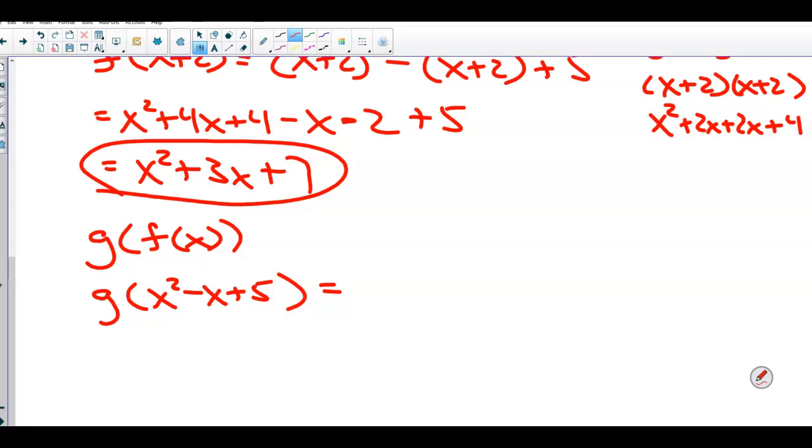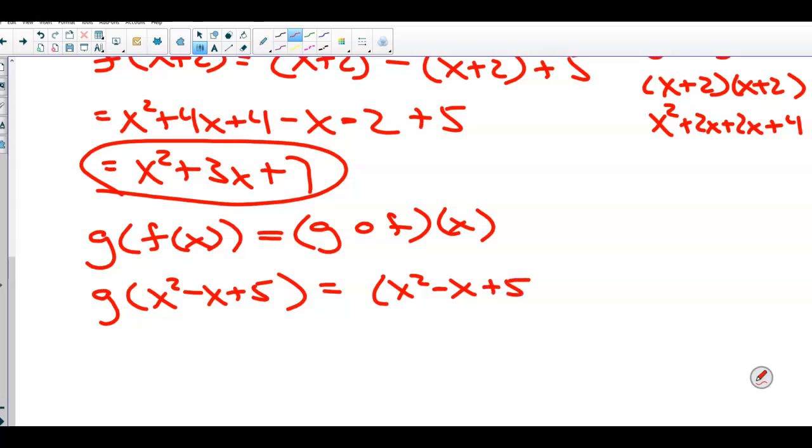This is the same thing as g of f, the open dot, x. They're the same thing. Okay, and we end up with x squared minus x plus 5 plus 2. I just plug that whole thing in wherever I see x. And simply x squared minus x plus 7 is our answer.